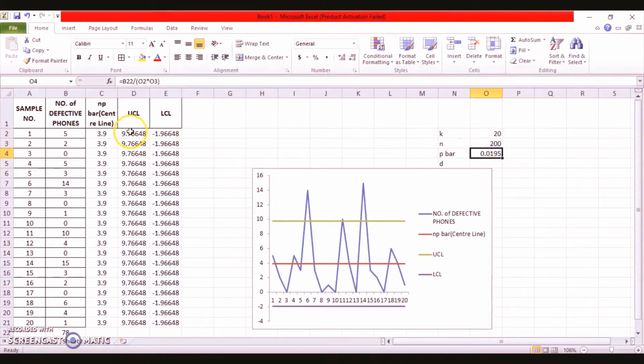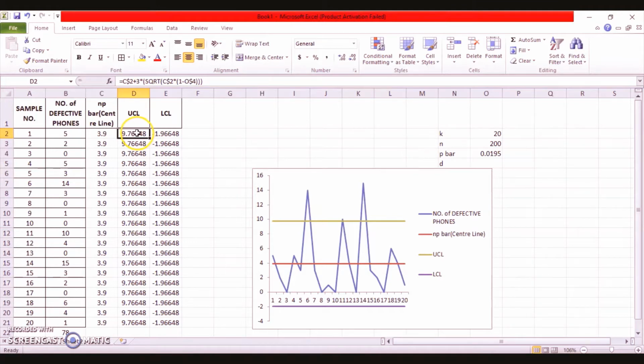After that, we have to find the upper control limit, which could be found out with the help of your np bar value and p bar value, because the formula for that is upper control limit is np bar plus 3 times square root of np bar into 1 minus p bar.